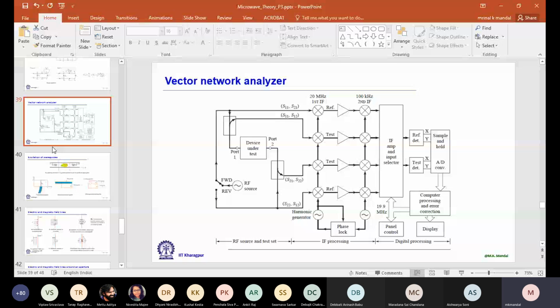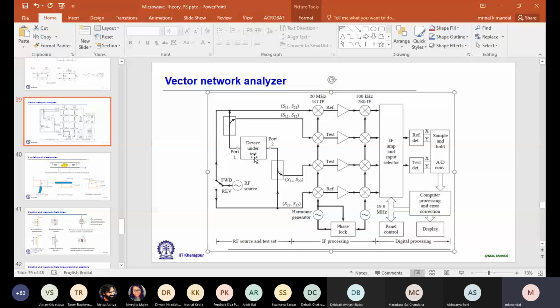This is a simplified block diagram of a vector network analyzer. If you look here carefully, this is a device under test. It's a two-port device, and these two ports, port 1 and port 2, you can see from outside. These are accessible. So these two ports are connected to two directional couplers.